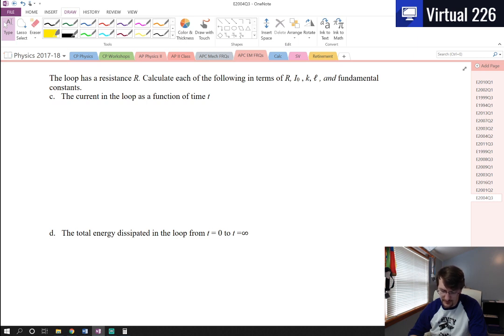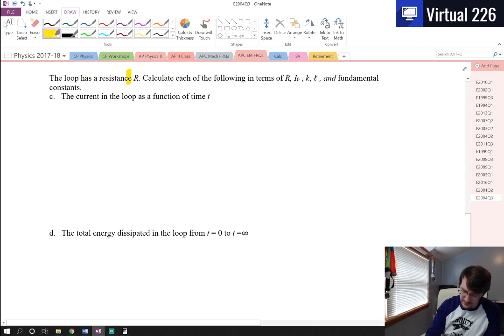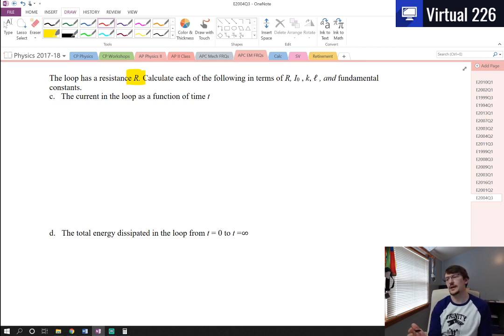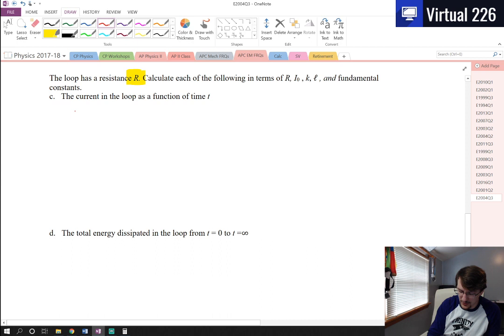What is the current in the loop as a function of time? So, this isn't actually that bad. What we know, they just gave us that this loop has a resistance R, which means that we know it is going to internally generate an EMF due to the change in flux. And we know by Ohm's law that an EMF equals a current times a resistance, and this EMF also equals the negative change in flux in an amount of time.